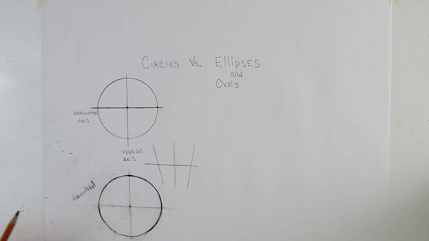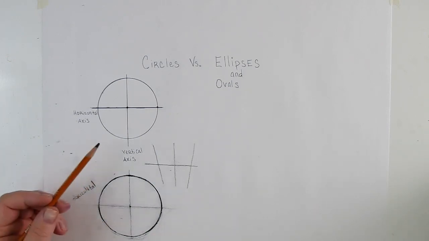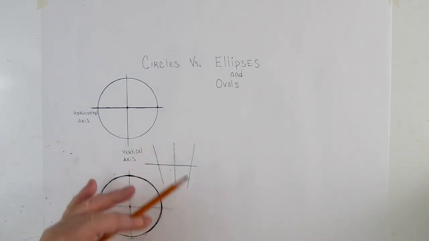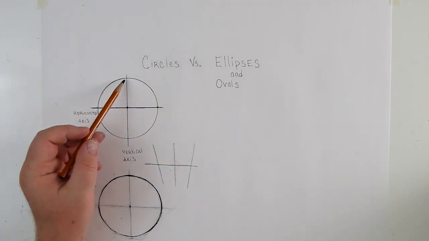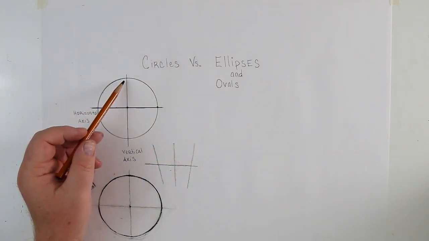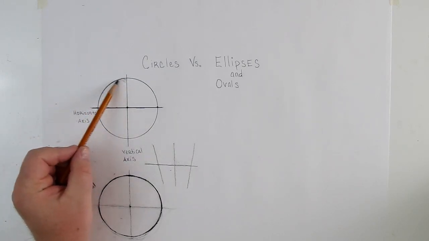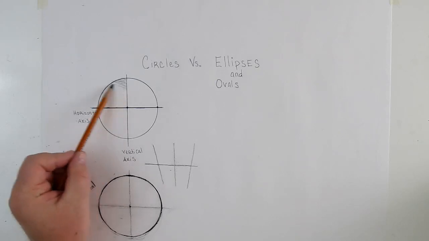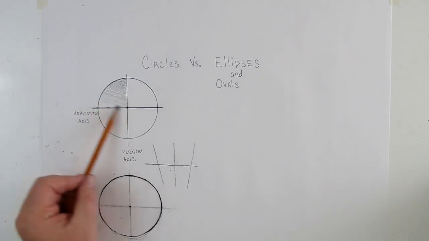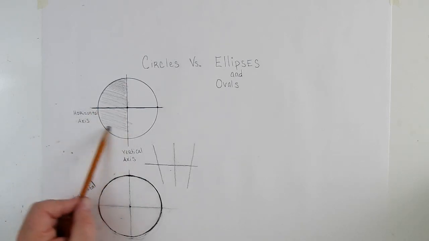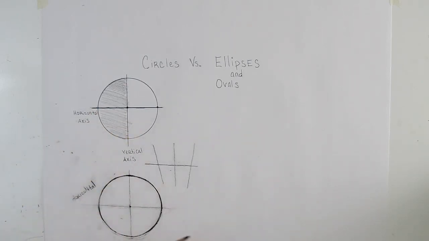But one thing, let's talk about circles themselves. A circle is always symmetrical, and symmetrical means the circle is the same, that it's mirrored. They're the exact same. So if I've got my circle here, and we've split this up with a horizontal axis and a vertical axis, this side right here should be the mirror image of that side.